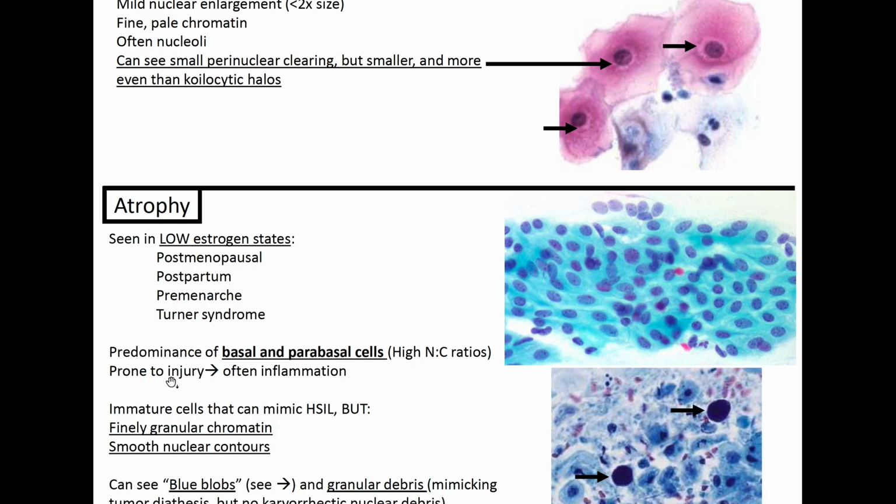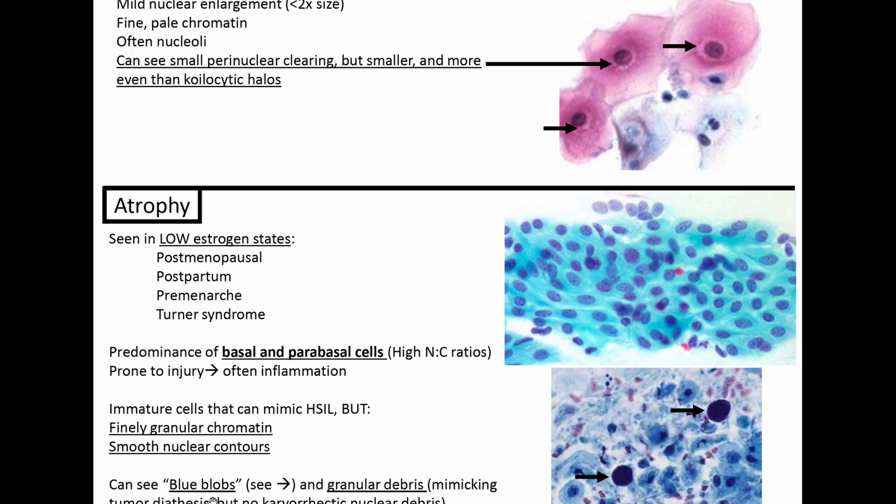The chromatin is the key, it gives it away, and they're going to have smooth nuclear contours. So nothing about this image is that scary to me that I'm thinking, oh wow, this is probably dysplastic. You have very, very fine chromatin. The nuclear contours are regular, very similar to one another, and they're not jagged or irregular as we saw with HSIL or other dysplastic processes.